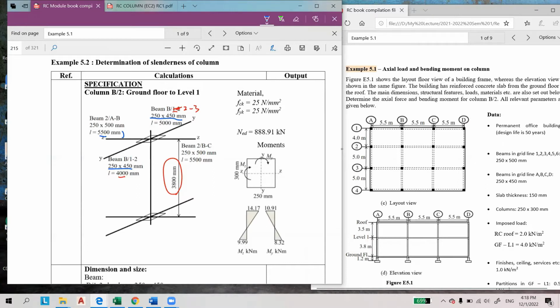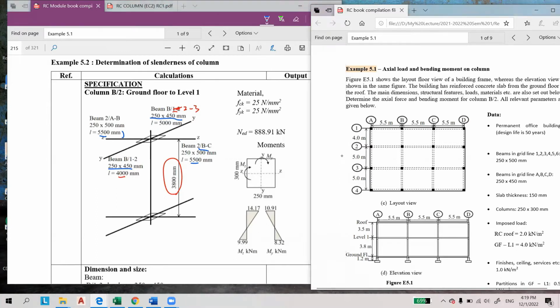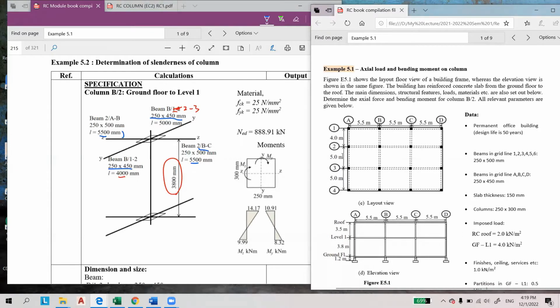Another one is here, also a similar size and similar length. This beam is from B to C. You can refer to this layout, so now you know the position of the beams.